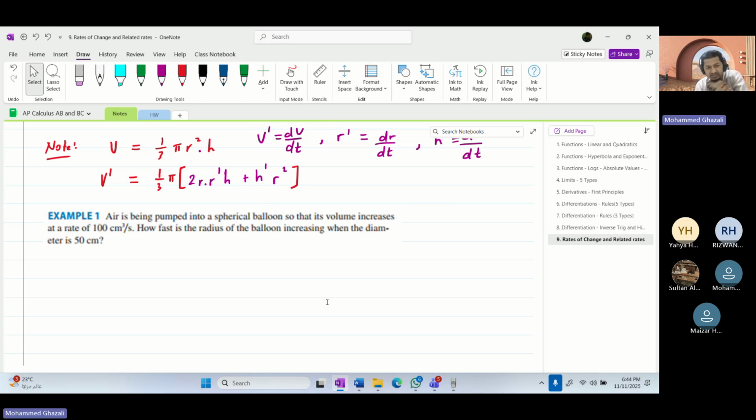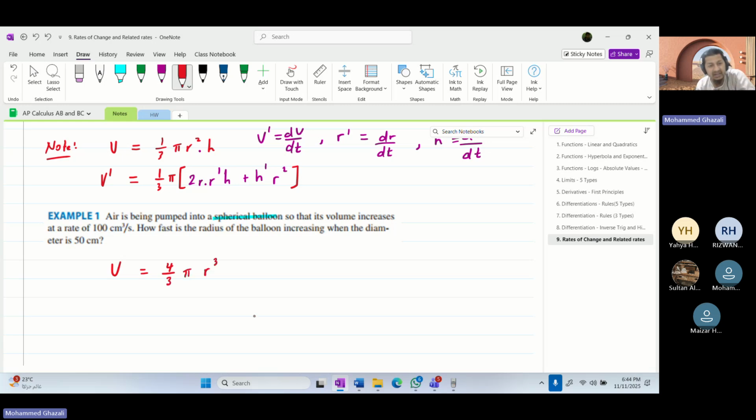How fast is the radius of the balloon increasing when the diameter is 50? Very limited information. First, what are they talking about? They're talking about air being pumped into a spherical balloon. So what's the volume of a sphere? Volume of a sphere is 4 over 3 pi r cubed.